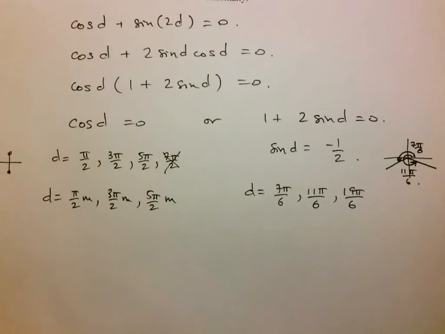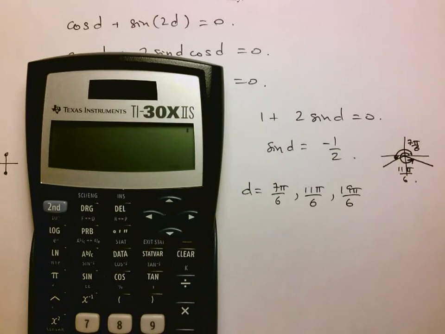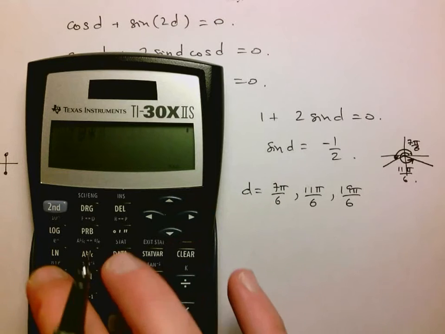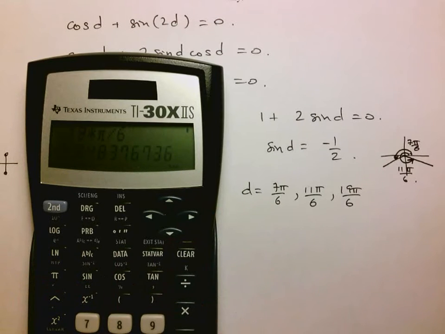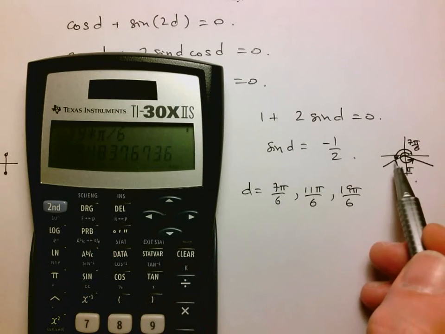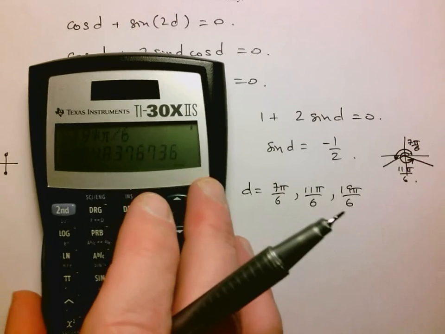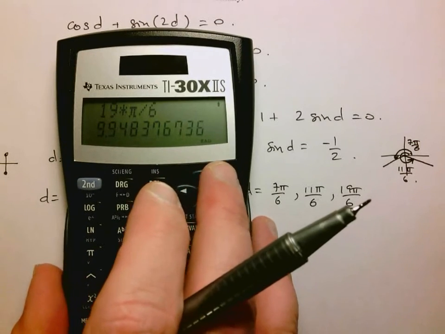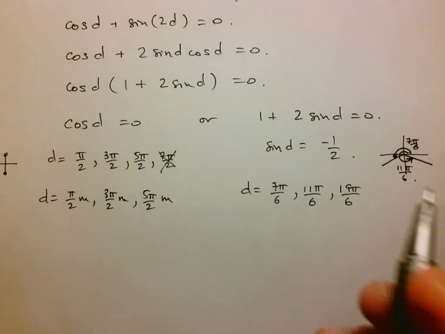Let's calculate to see if that's below 10. Here we've got 19 times pi divided by 6. In fact, that's 9.95. So I know I don't need to go any further. If I go to the next answer over, I'll be over 10.